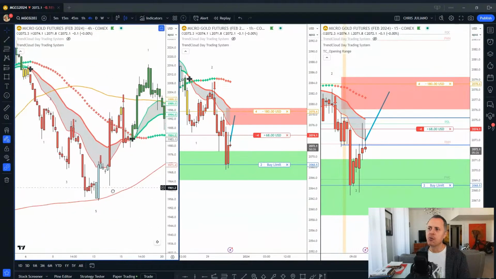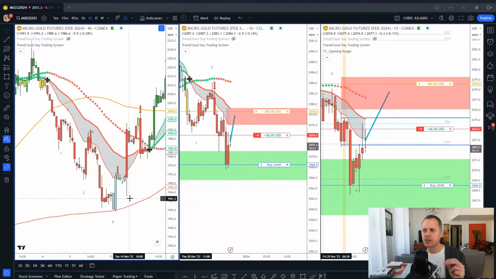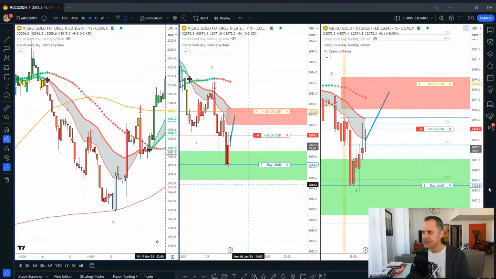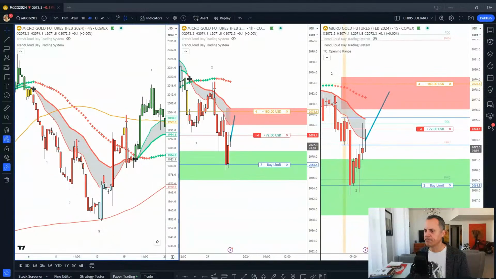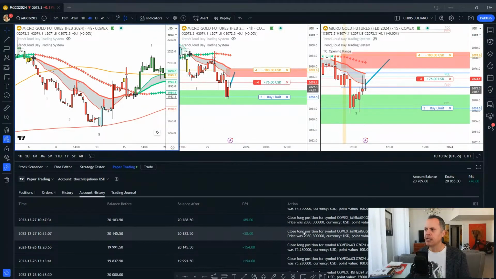So a visual representation of price on your chart using TrendCloud allows you to apply your supply and demand zones more intelligently. You have a higher probability of success when you've got some kind of mapping system on your chart. And that's what I put together here, guys. Very useful.